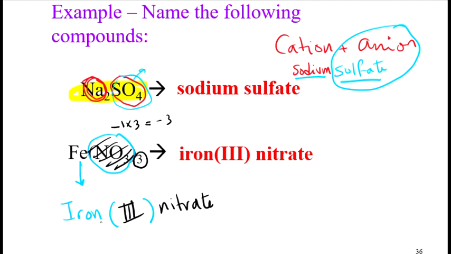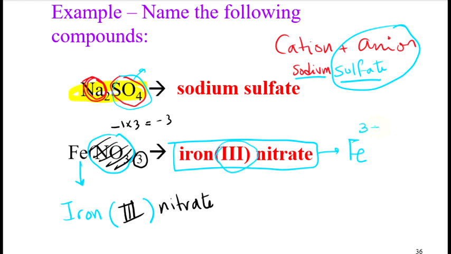So iron(III) nitrate. Assume that I have this name and I'm going to write the formula. How to do that? Iron(III), Fe, the charge is 3. Nitrate. Nitrate is NO3, 1 negative. So 3-step strategy: chemical symbol, charge. Right now, switch the charges.